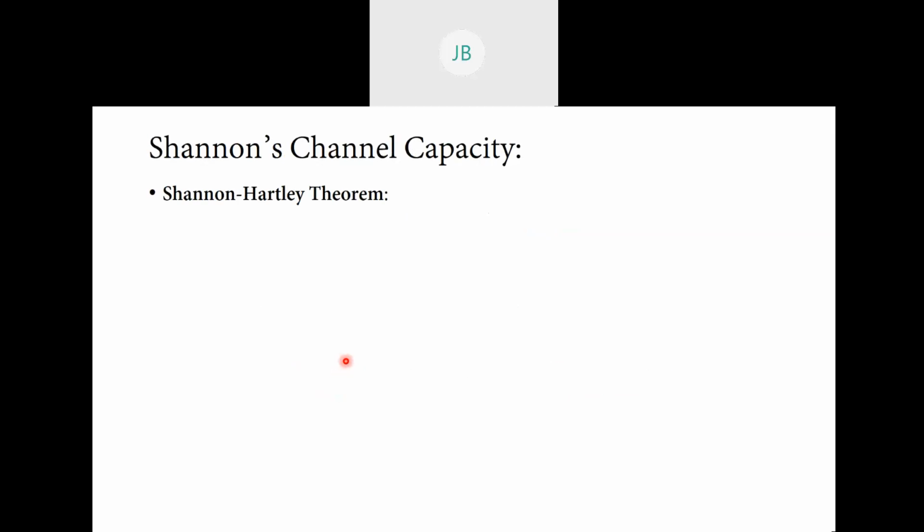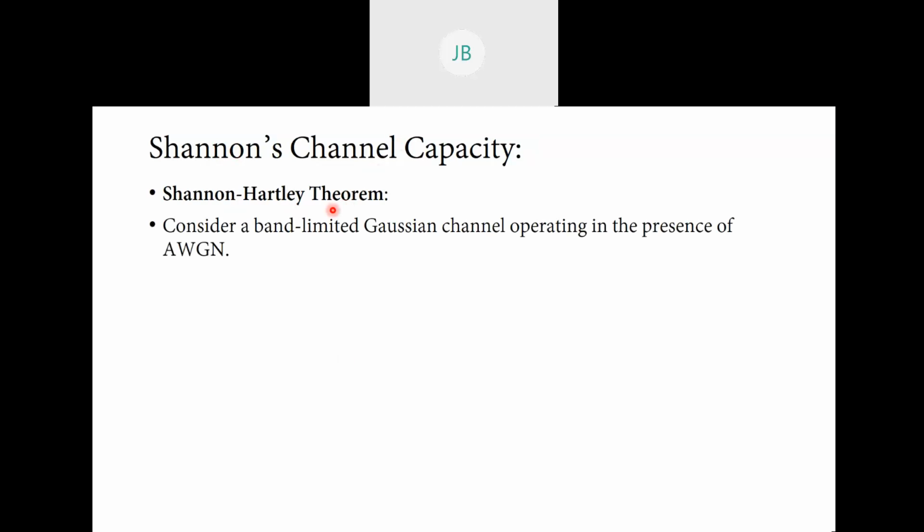Okay, now we will discuss another key concept here, that is called Shannon's channel capacity. So Shannon and Hartley gave a theorem to find the channel capacity. That theorem is as mentioned here. Consider a band-limited Gaussian channel operating in the presence of additive white Gaussian noise.